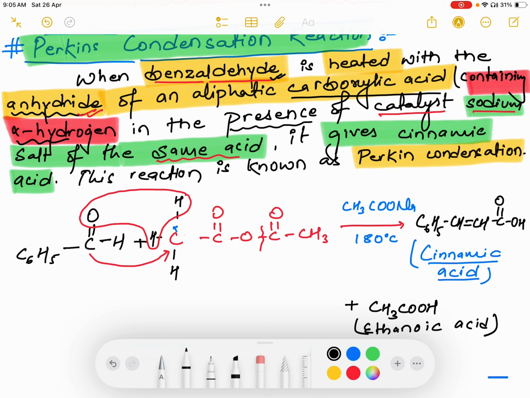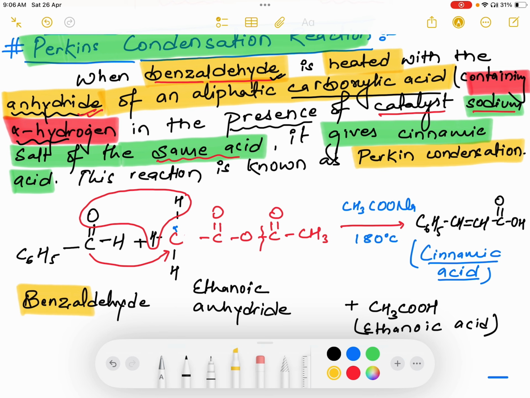So this reaction is basically known as the Perkin condensation reaction. When benzaldehyde is treated with ethanoic anhydride in the presence of the sodium salt of the same acid used to prepare the anhydride, it gives us cinnamic acid.